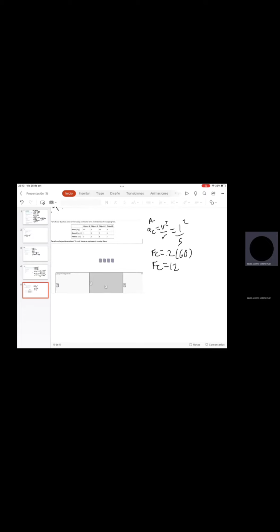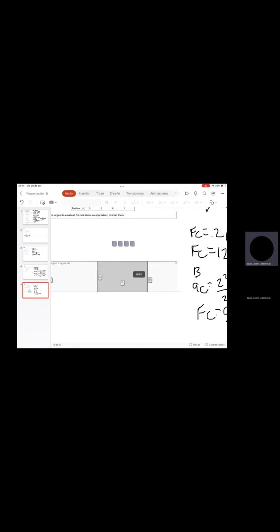Now we're going to calculate the force for B using the same process. It will be 2 squared over 2, that will be 2. Oh, wait, I'm sorry, the mass is 5, times 2. The force of B is 10.